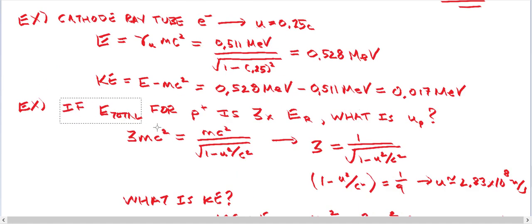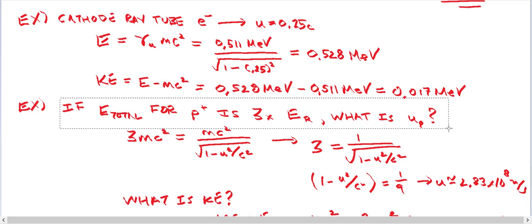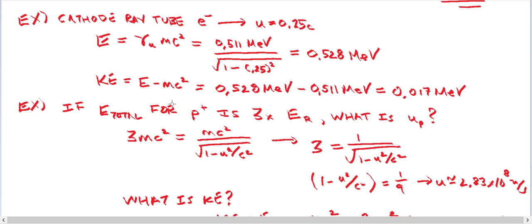If the total energy for a proton is 3 times its rest energy, can we figure out its speed? Well, yes, we can. If the total energy is 3 times the rest energy, well, 3 times the rest energy would be 3mc squared, and the total energy formula is mc squared over the square root of 1 minus u squared over c squared.